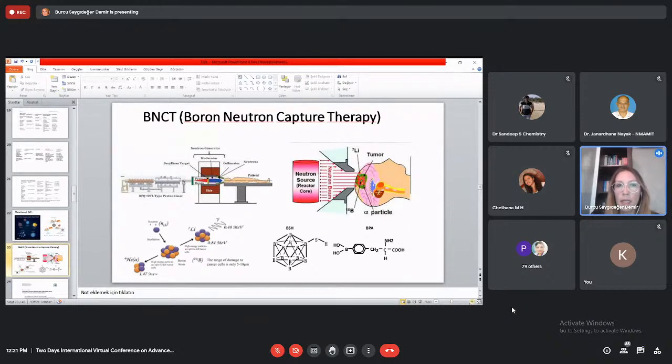Hence, designing a suitable compound with an adequate number of boron-10 atoms, delivering it precisely at the tumor site, and having a neutron beam that is amenable to use in a clinical setting constitute a major challenge in the growth of BNCT. The search continues for the discovery of new boron-containing molecules for BNCT.